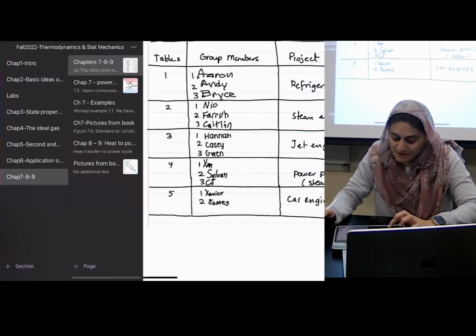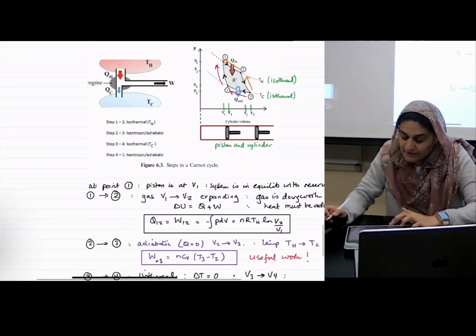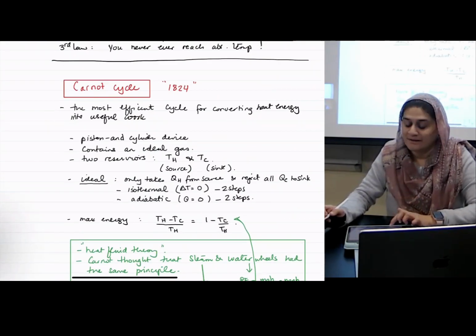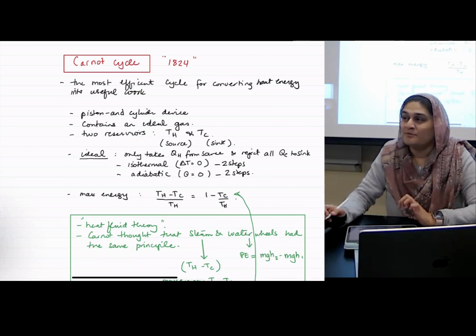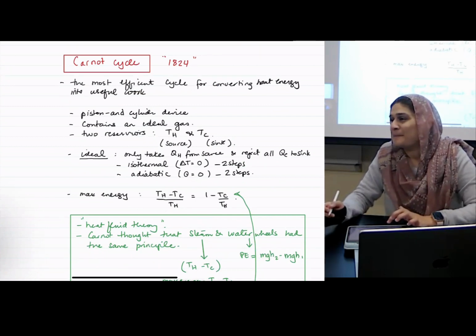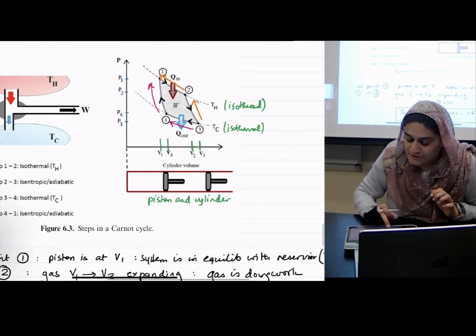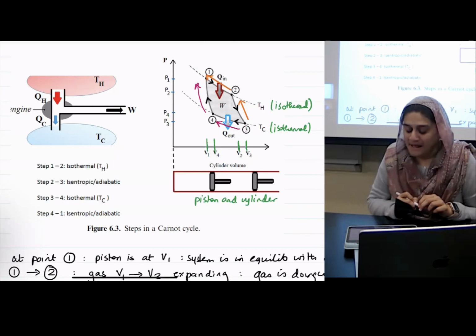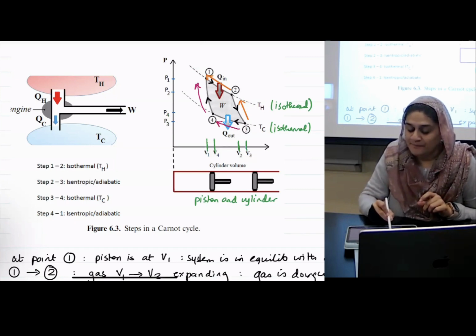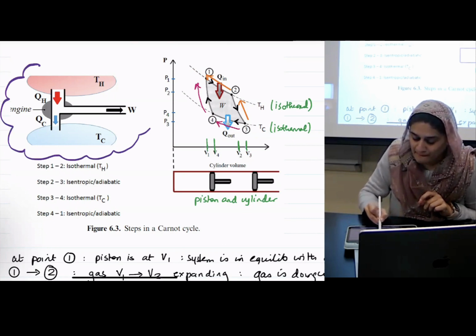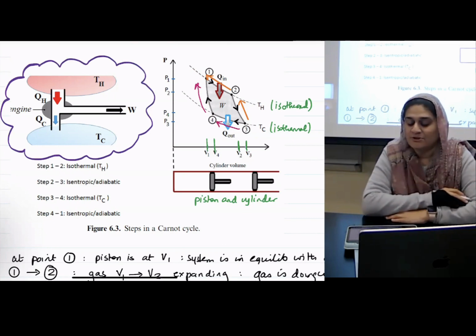So going back to the Carnot cycle. The Carnot cycle is what we discussed the other day, and we called it the absolute perfect ideal cycle at 40%, give or take. Awesome. So now I'm going to talk about the refrigeration, but do you guys remember this picture here? What does this picture show you?